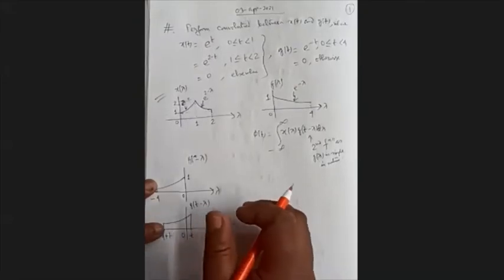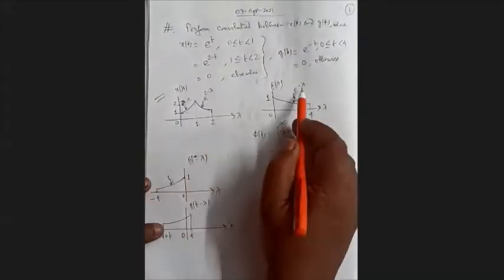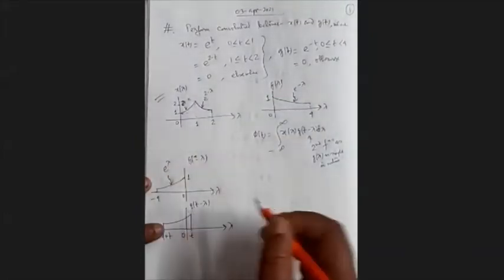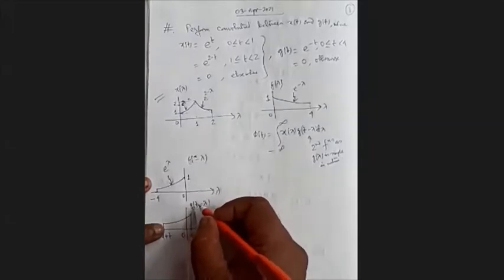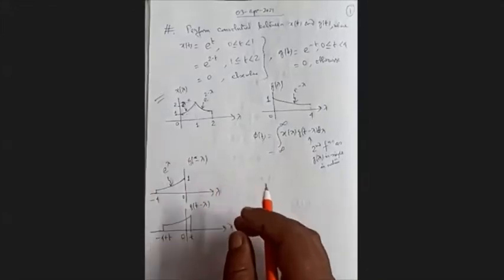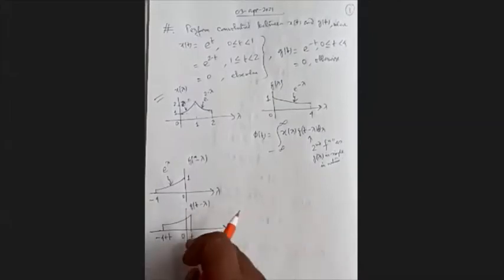So it is that one. So we can write it: what is that pattern? Just lambda will be replaced by minus lambda, e to the power lambda, and here we are putting this particular thing. So this is our pattern.